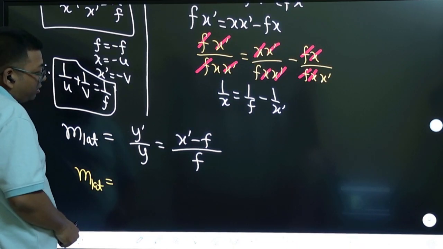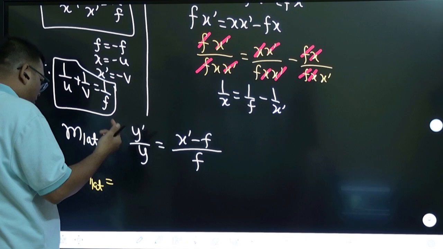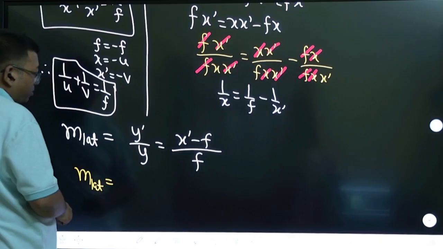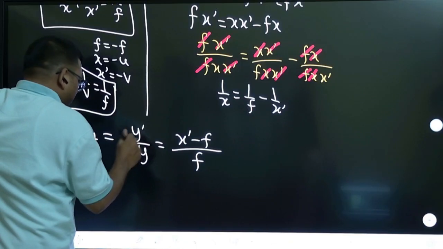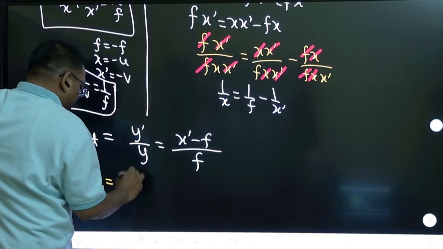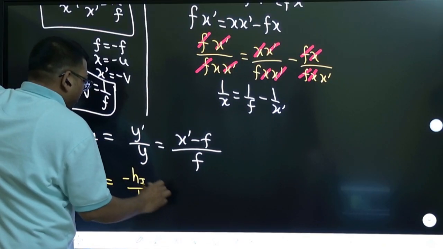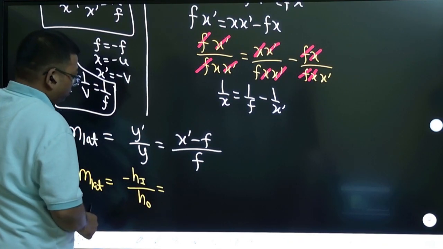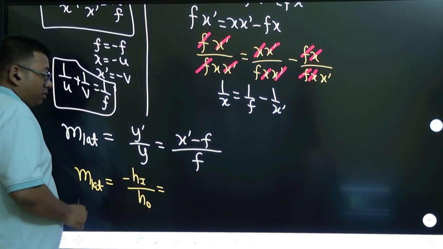And y is the height of object. We can substitute with proper sign convention. Suppose I substitute y dash as minus height of image and y as height of object, that's what we will get: magnification is minus hi by ho. This hi, ho is with proper sign convention.